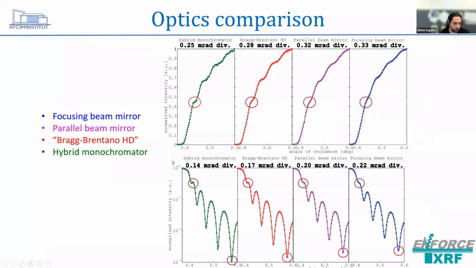And basically, what I did, I just compared a little bit on one sample with different optics, and that you can see here. This is the hybrid monochromator, basically the best, smallest divergence. And here is the focusing beam mirror, which is the largest, and you can see here these are basically the fluorescence curves.